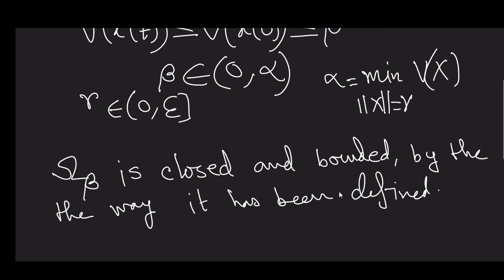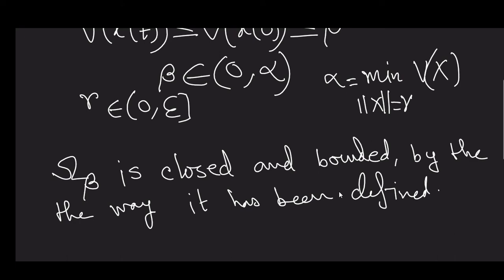So that is why it is bounded, and obviously this set is closed because we know the terminating value of omega beta is included here. The maximum value of omega beta and the minimum value of omega beta are inside it.